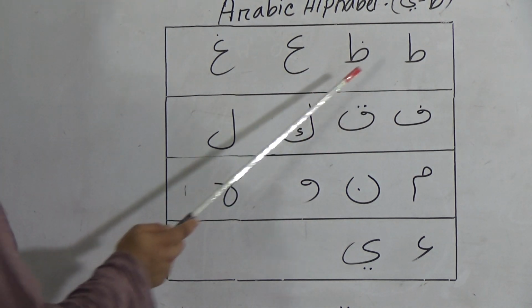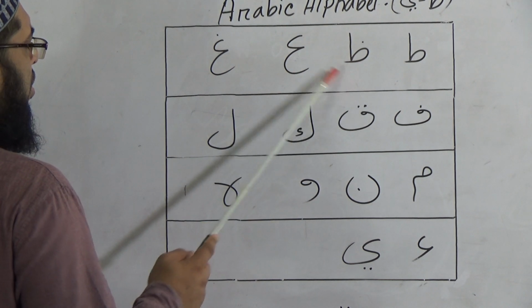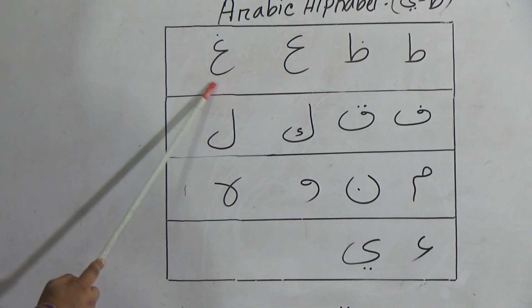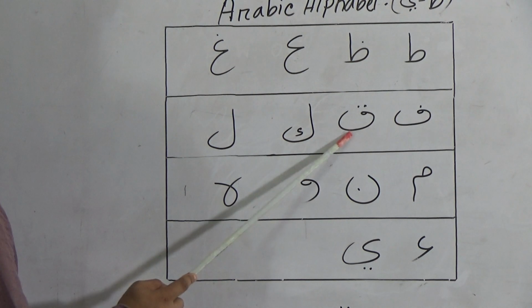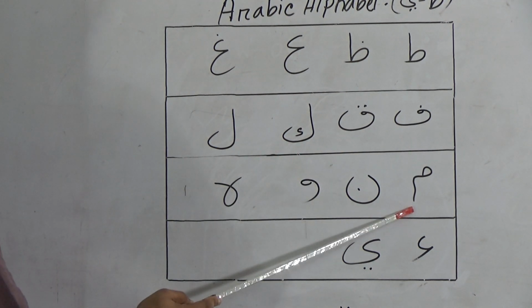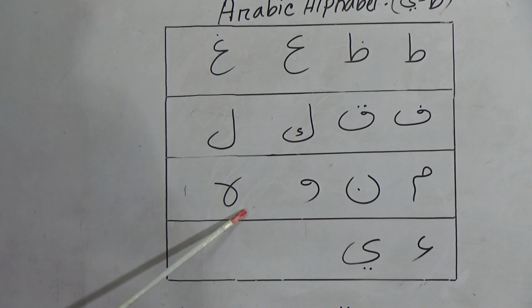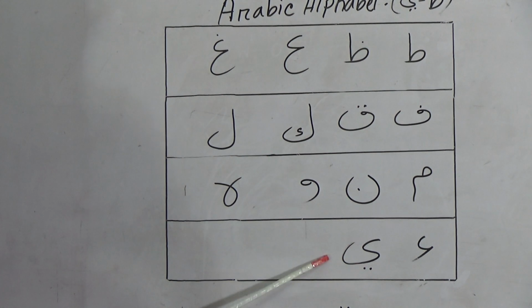Now everyone say with me: Tha, Dha, Ain, Ghain, Fa, Qaf, Kaf, Lam, Mim, Noon, Waw, Ha, Hamza and Ya.